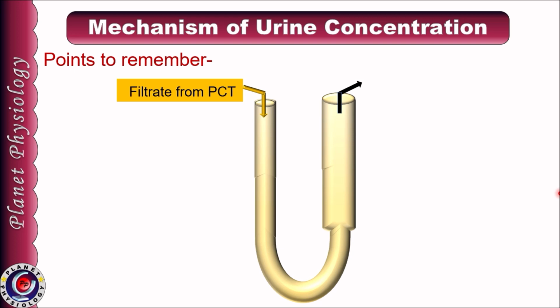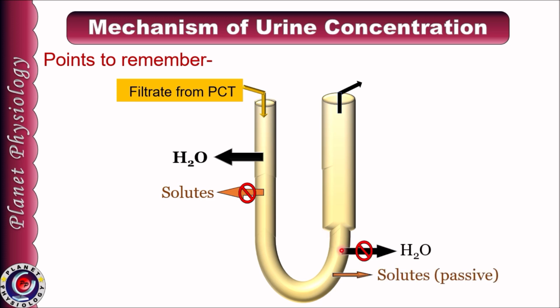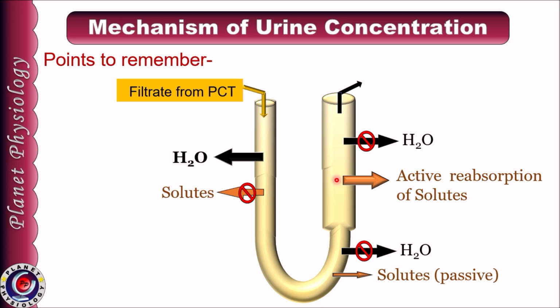Descending limb of loop of Henle is only permeable to water but not to solutes. That is, it can reabsorb water but not the solutes. Thin ascending limb of loop of Henle is impermeable to water but allows diffusion of solutes, whereas thick ascending limb of loop of Henle reabsorbs solutes by active transport but is impermeable to water.